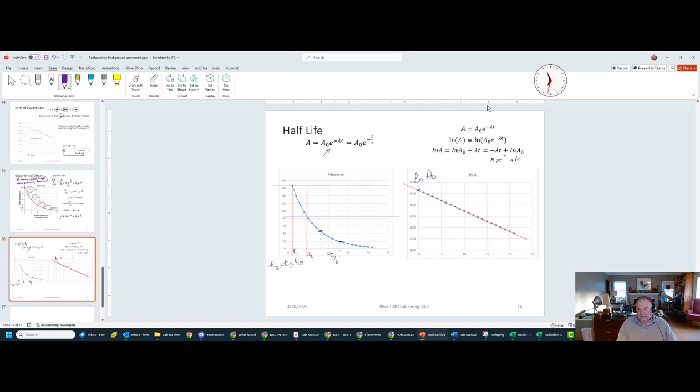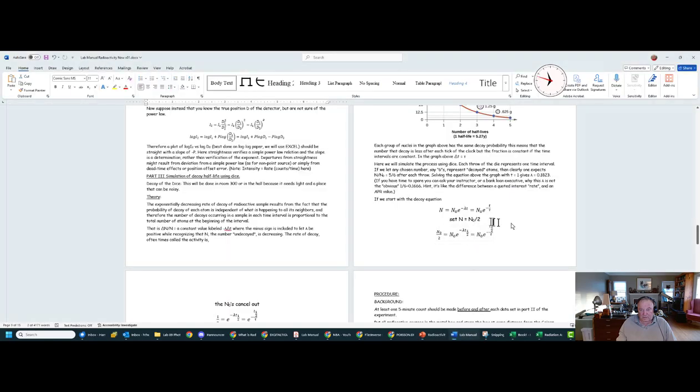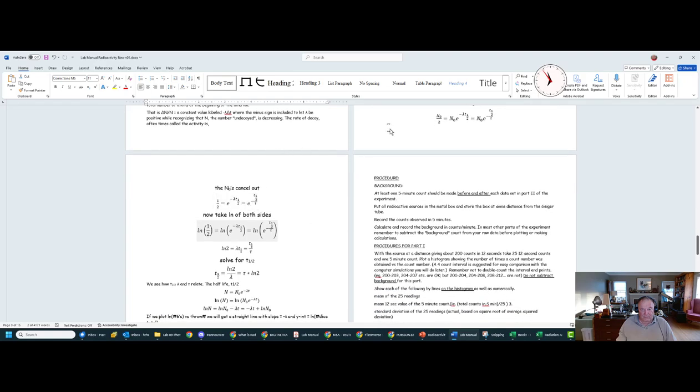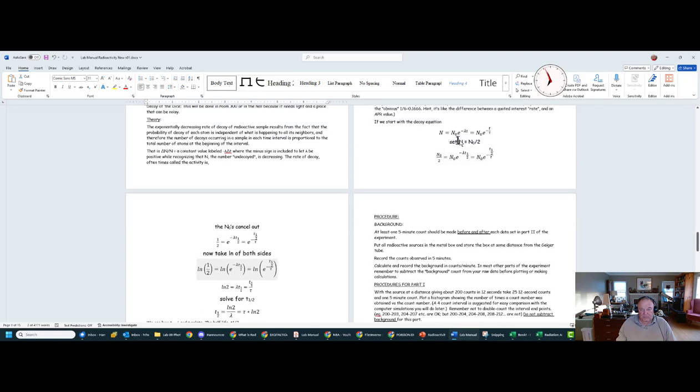But that's analysis. So if we do these, we let the dots go in a line, and we can determine lambda, and then there's a relationship between lambda and the half-life. Let's see. Right. We start off with this. There's the derivation.